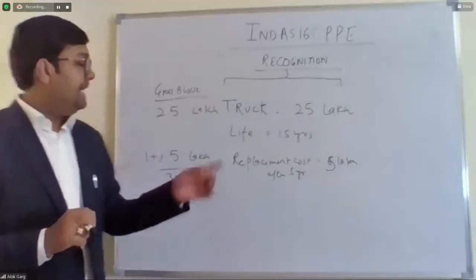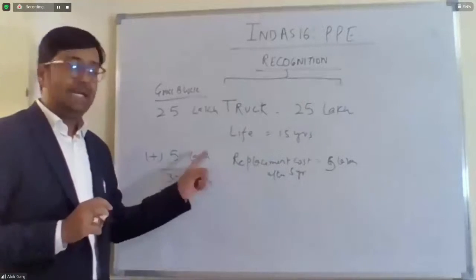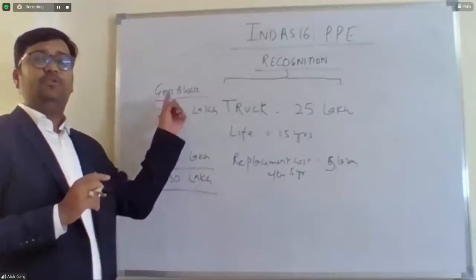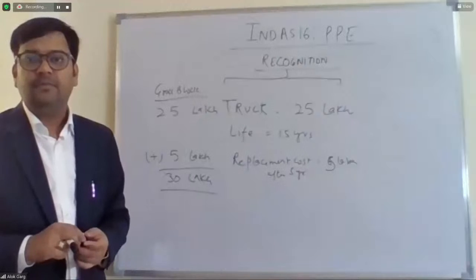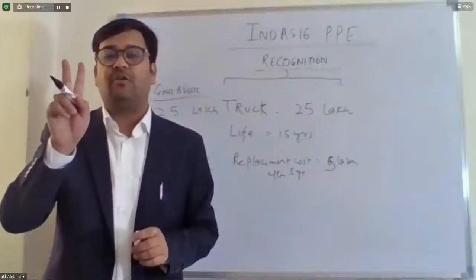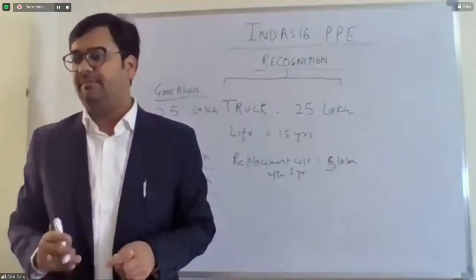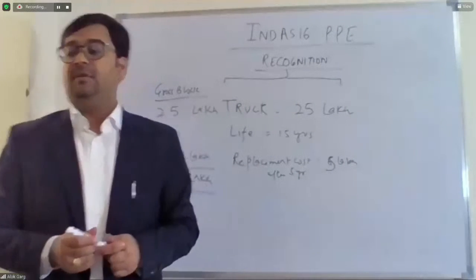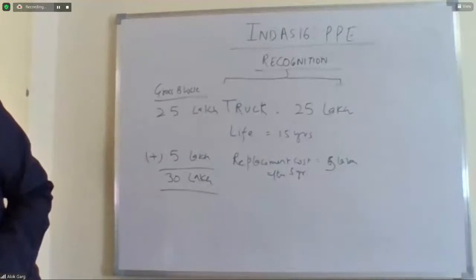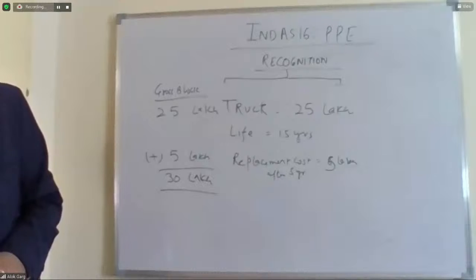It means by capitalizing 5 lakh rupees again as a cost of engine to the truck, you are adding the cost of 2 engines in a particular truck. Am I right or wrong? Guys, please respond quickly. Very simple question.